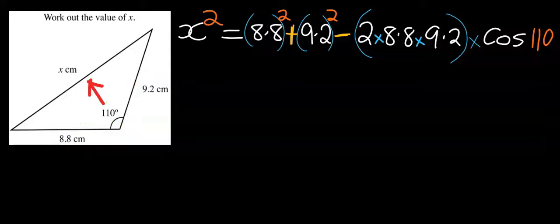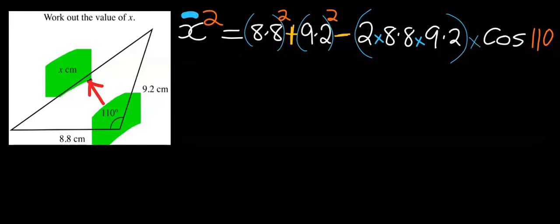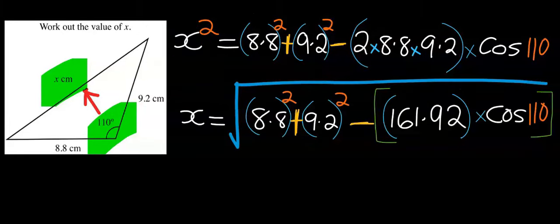You see, like before, we started with the side facing the angle and we ended with the angle. Next, we're going to isolate x, and square on the other side will become a square root.